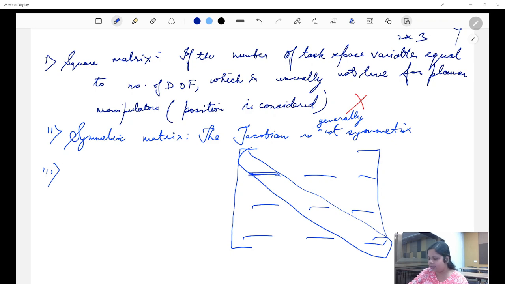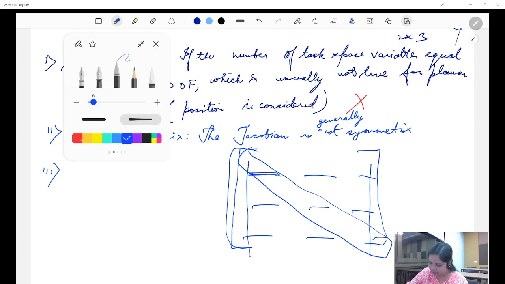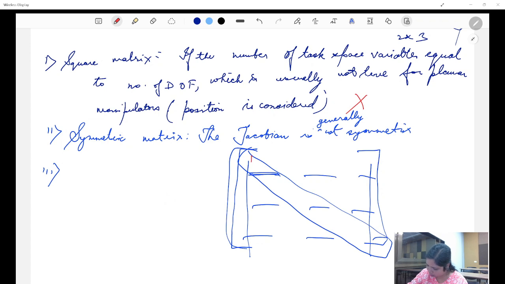If we take the determinant for the complete matrix, it should be positive. If we take the determinant for just this part, it should be positive, and then this should also be greater than 0. Then we say that Jacobian is positive definite, which also does not make sense.